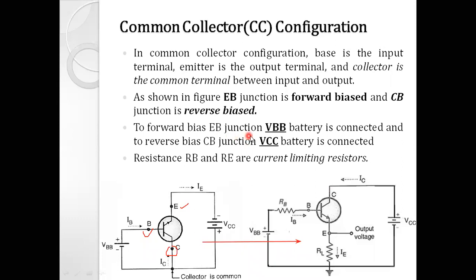To forward bias the EB junction, the VBB battery is connected, and to reverse bias this collector base junction, the VCC battery is connected. And RB and this RE, these two are the current limiting resistors for the input terminal base and the output terminal emitter respectively.